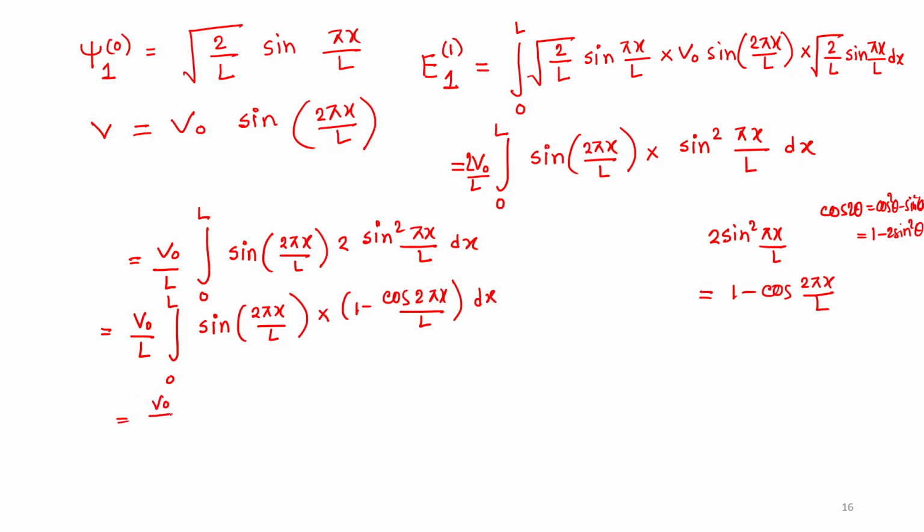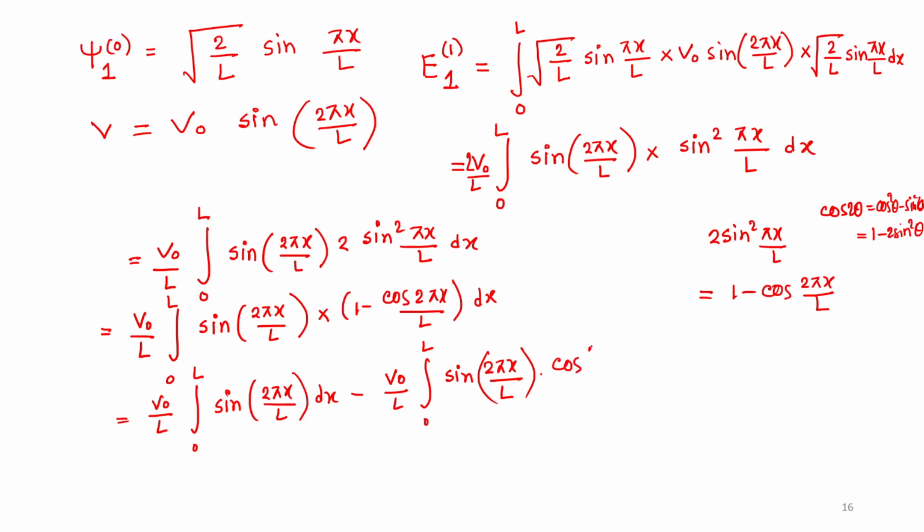So on one side V0 by L, 0 to L sine 2 pi x by L dx, minus V0 by L, 0 to L sine 2 pi x by L multiplied by cos 2 pi x by L, okay, dx.